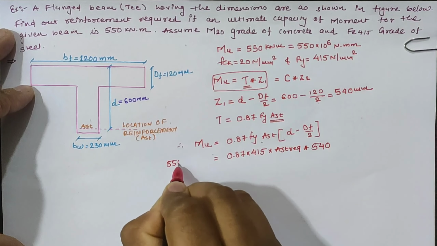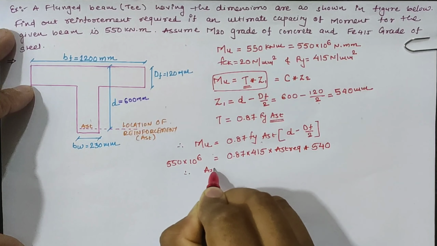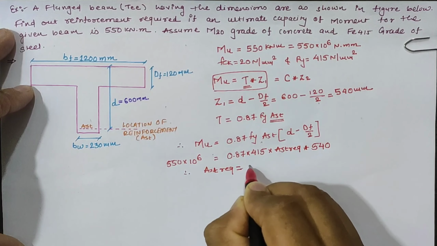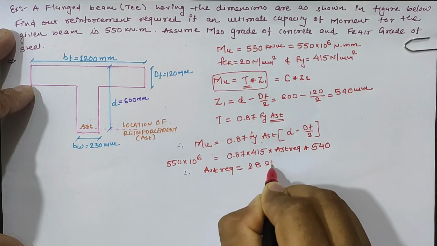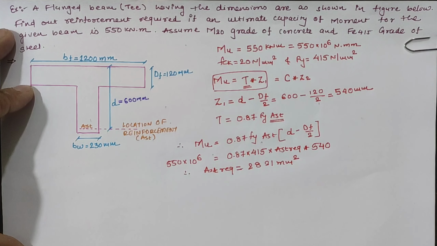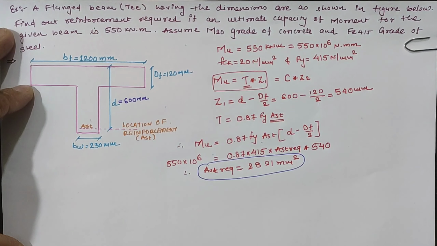It is 550 into 10 raised to 6. So the area of steel required is equal to 2821 mm square. So for the given flange beam with 550 kilonewton meter as ultimate moment capacity, we require total area of steel as 2821 mm square.